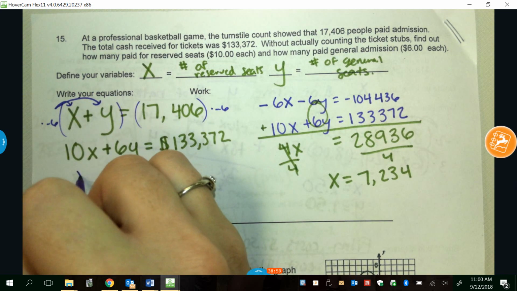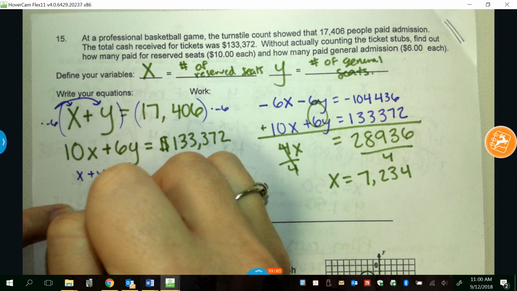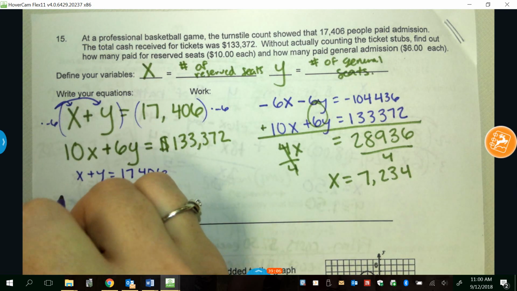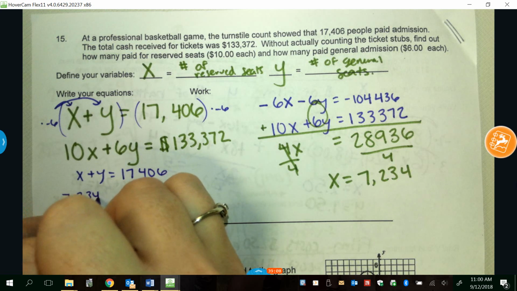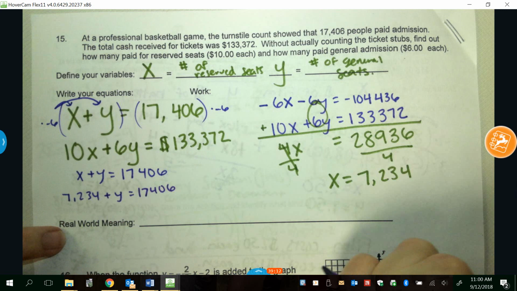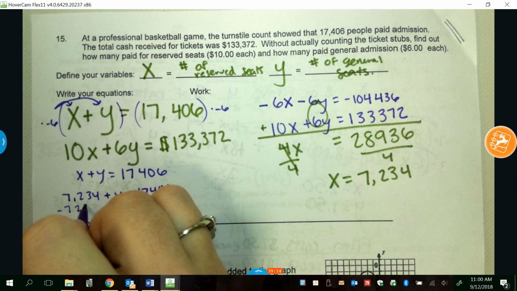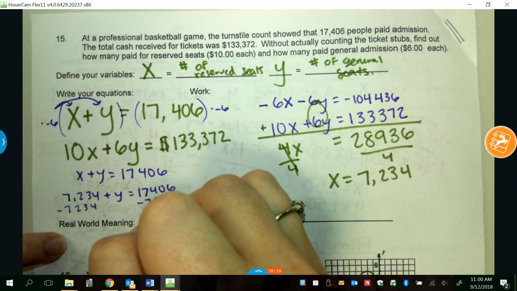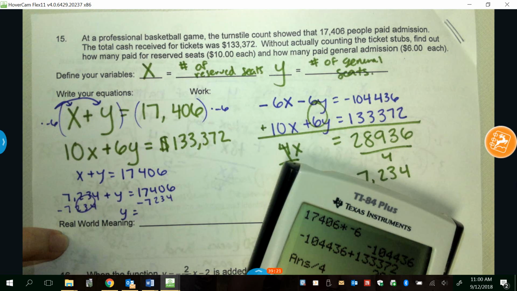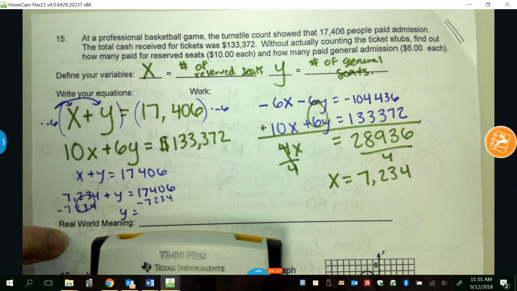So x plus y equals 17406. I'm going to plug in this for x, so 7,234 plus y equals 17406. Subtract 7,234 from both sides, and I get y equals 17406 minus 7234, which is 10,172.